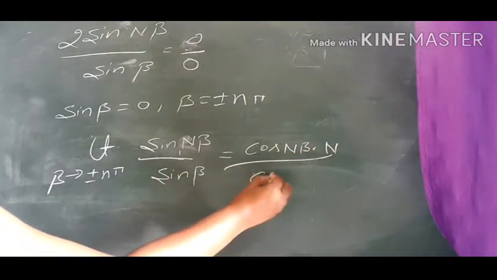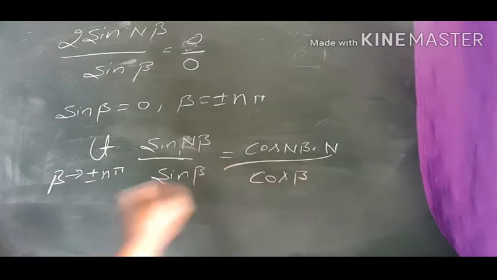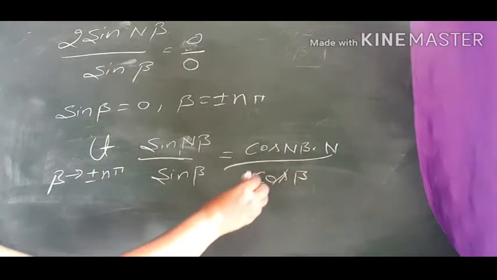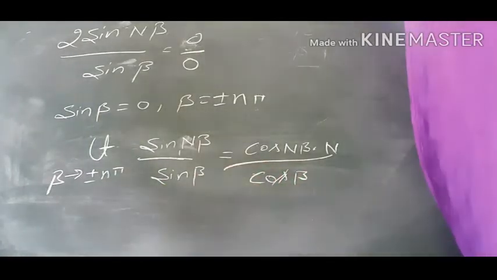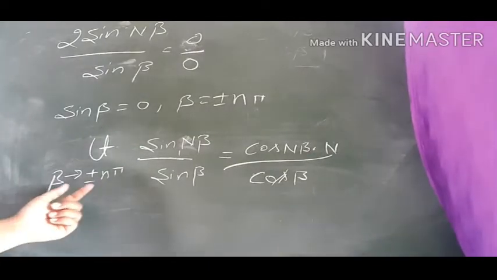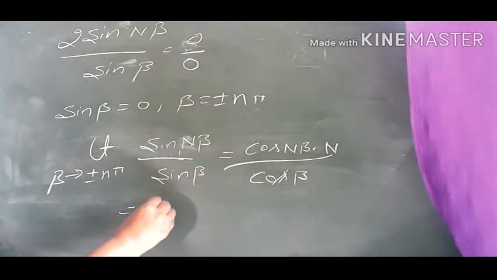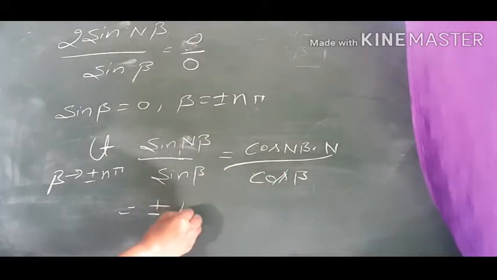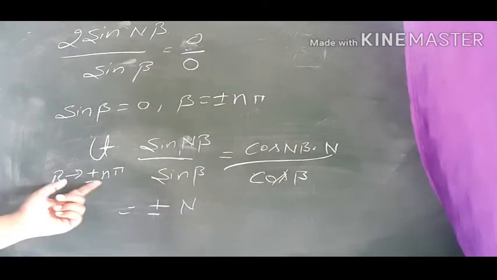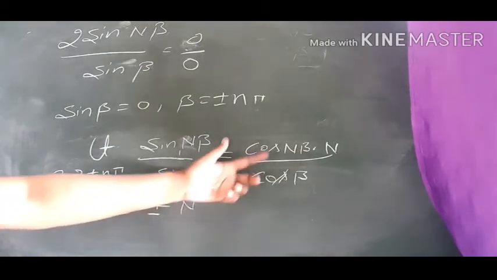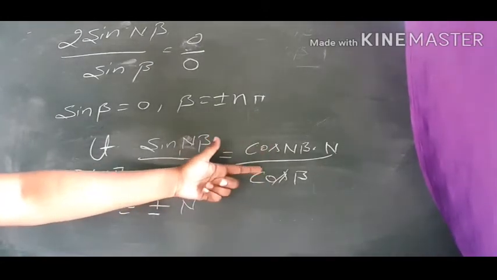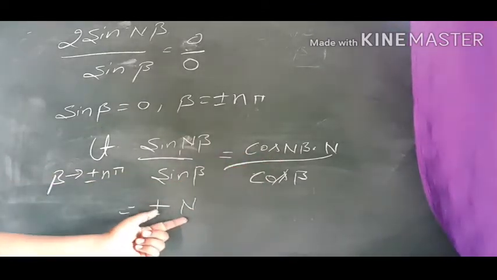Similarly here cos beta. So now for the value of beta equal to plus minus n pi, we have plus minus n. By putting the value of beta in this equation, we have plus minus n.